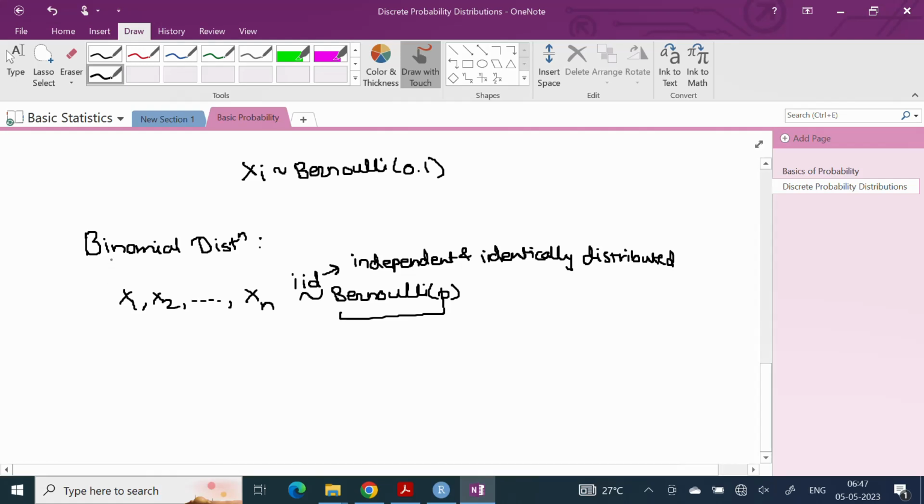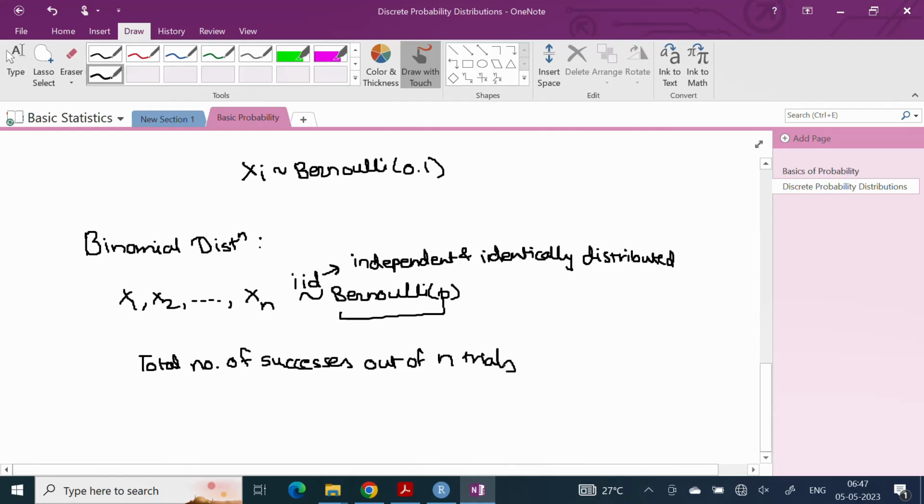A typical example of a Bernoulli distribution is a coin toss, whether it turns up head or tail. Binomial would be used if I want to model something like the total number of heads in say n tosses, that is, the total number of successes out of n trials.